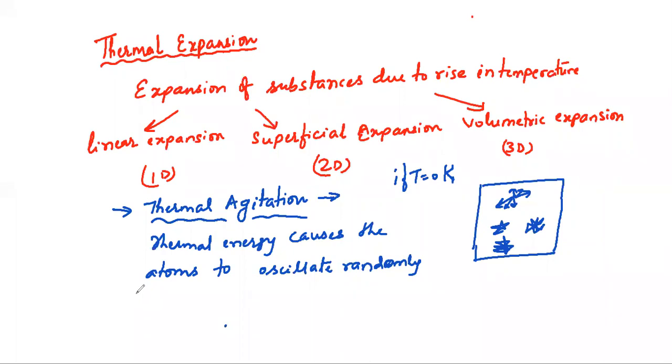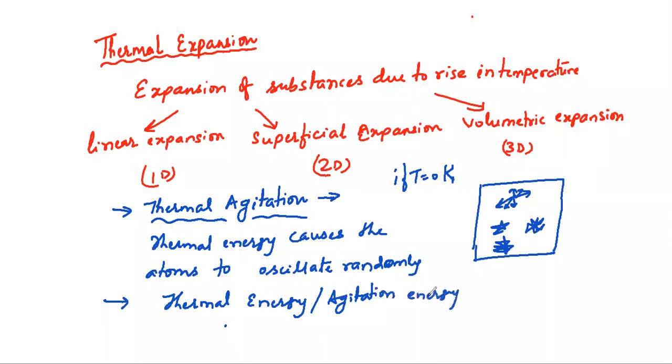One thing we should understand is that this thermal energy, or agitation energy, is directly proportional to temperature. That we'll discuss in kinetic theory of gases also. So as we increase the temperature, the agitation energy increases.